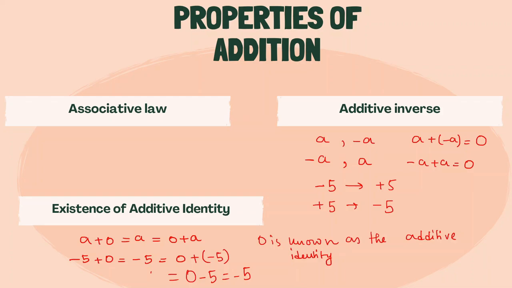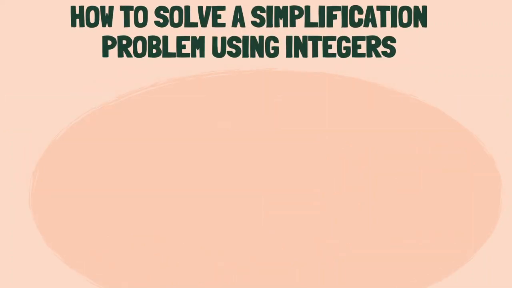Now we will come to the next page where I am telling you how to solve a simplification problem using 3 or more integers. So for that, let's take one problem like plus 12 plus minus 5 minus minus 2 plus minus 6.